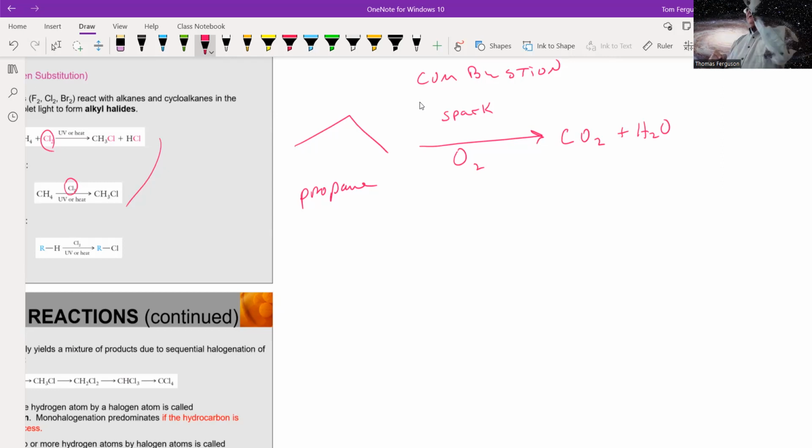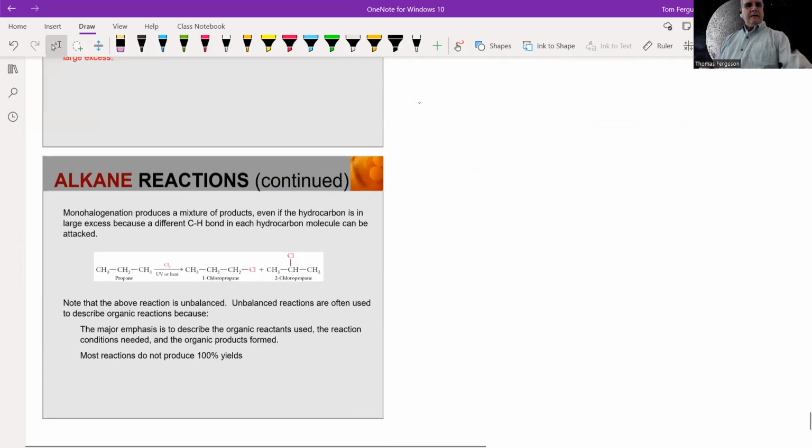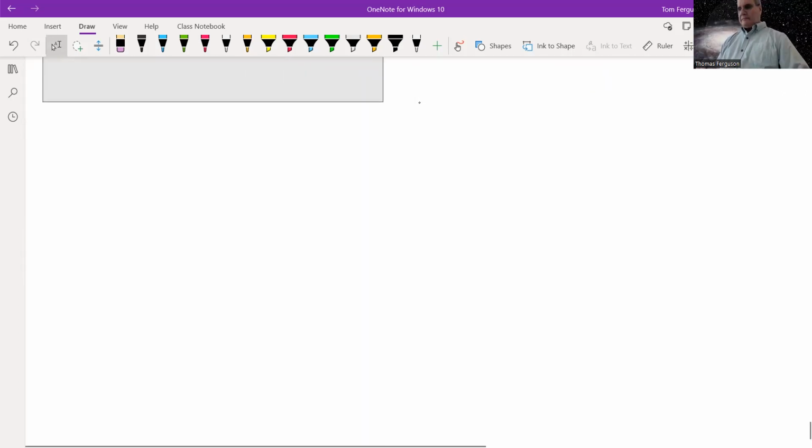Okay, so you have two reactions now. Two reactions: halogenation, usually with chlorine, sometimes with bromine, and combustion. So that's kind of it for alkanes, but we need to practice a lot.